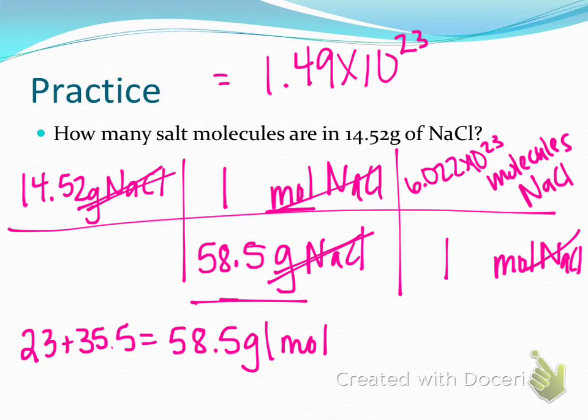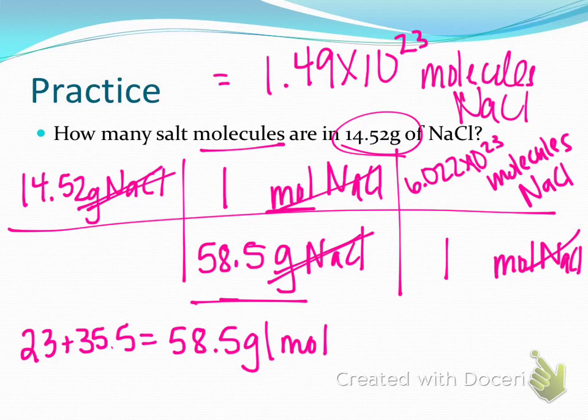Yeah, we're in that range, yeah? If you don't see that in your calculator, then you're telling me there's 1.5 salt molecules in 14 grams, right? Which is no good. And our units here are, yeah, molecules.